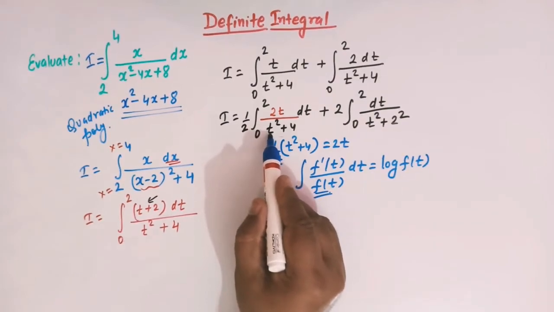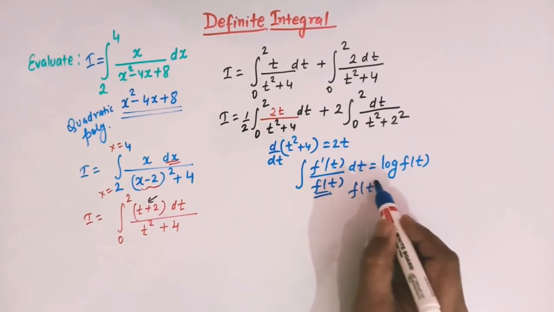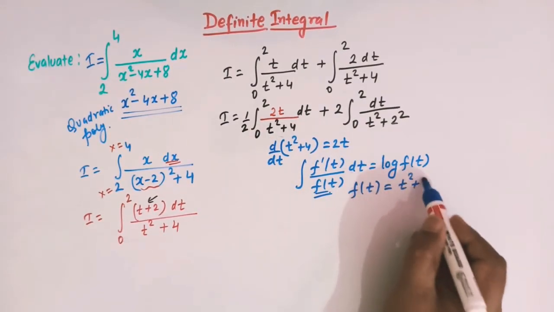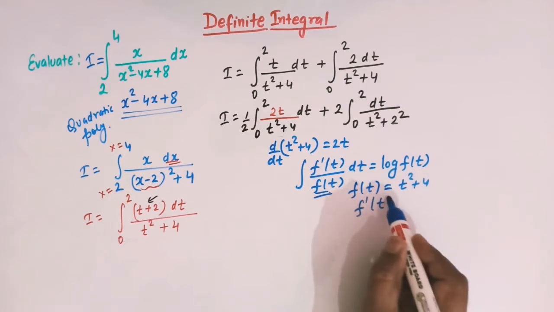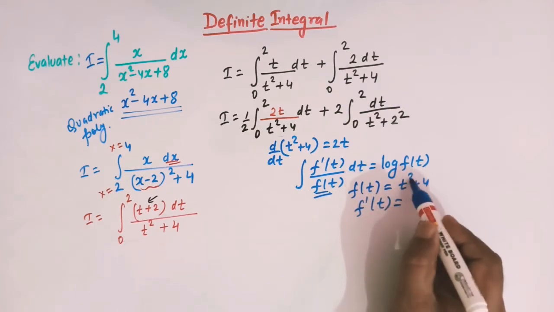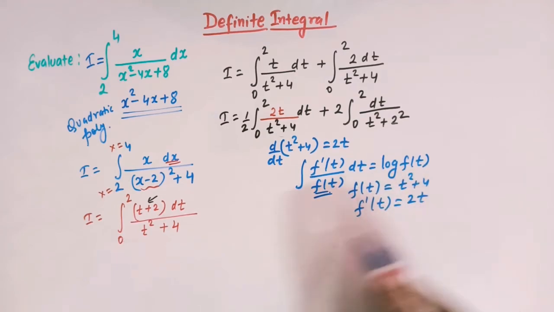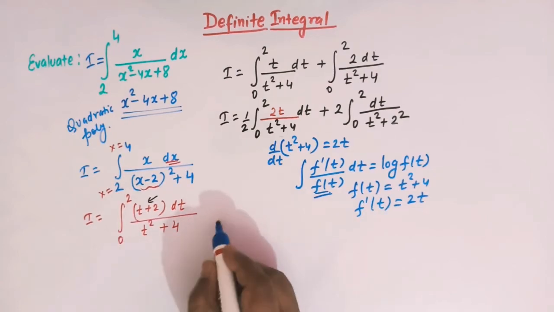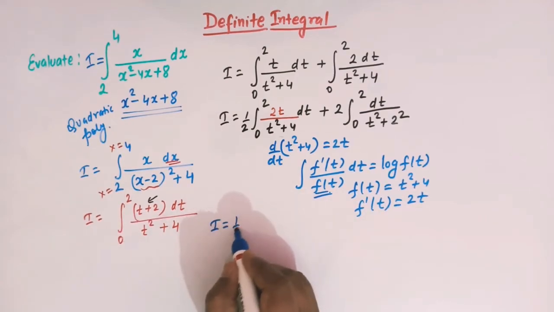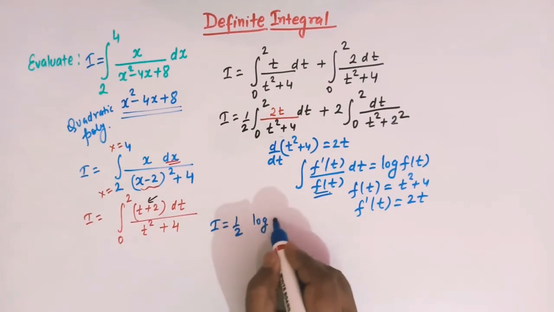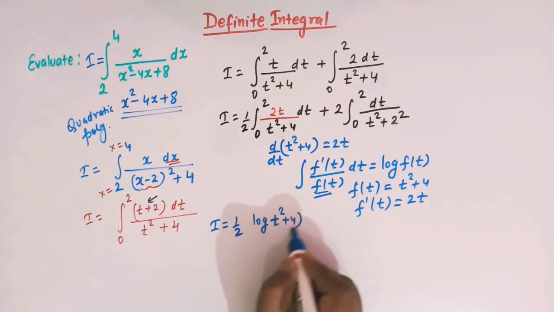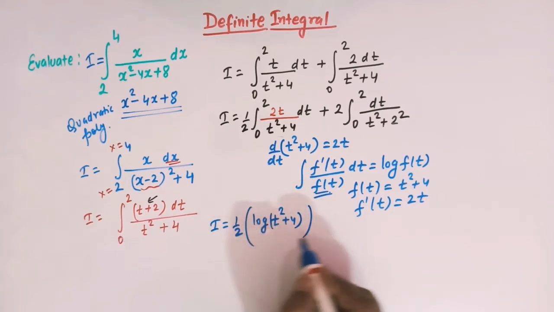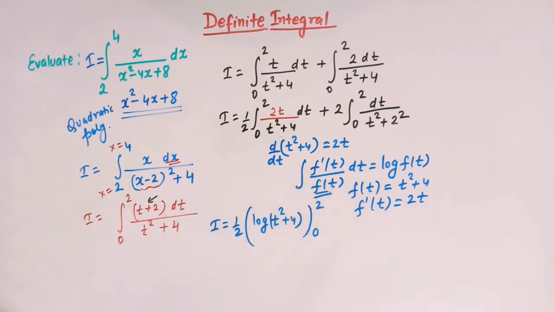So here f of t is t square plus 4 and f prime of t is 2t. So now we can write I is equal to half, and we have log of t square plus 4, with the limits from 0 to 2.